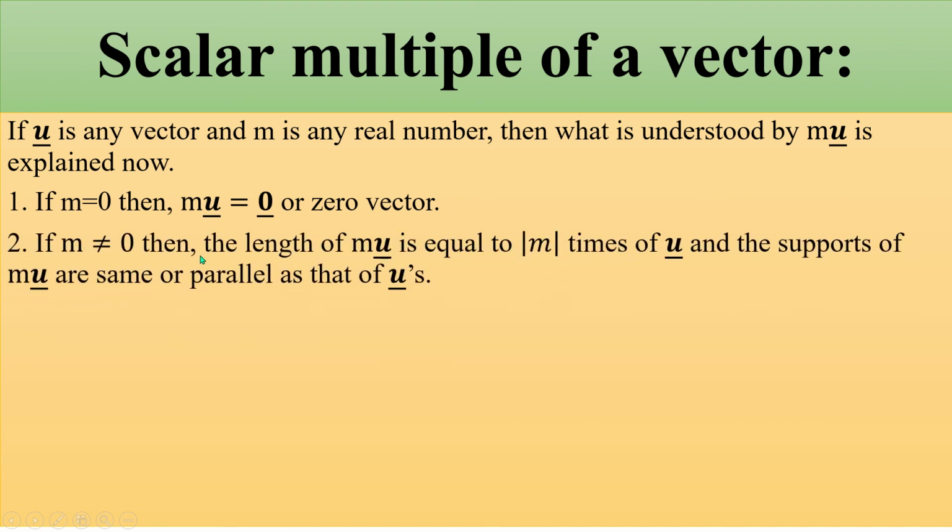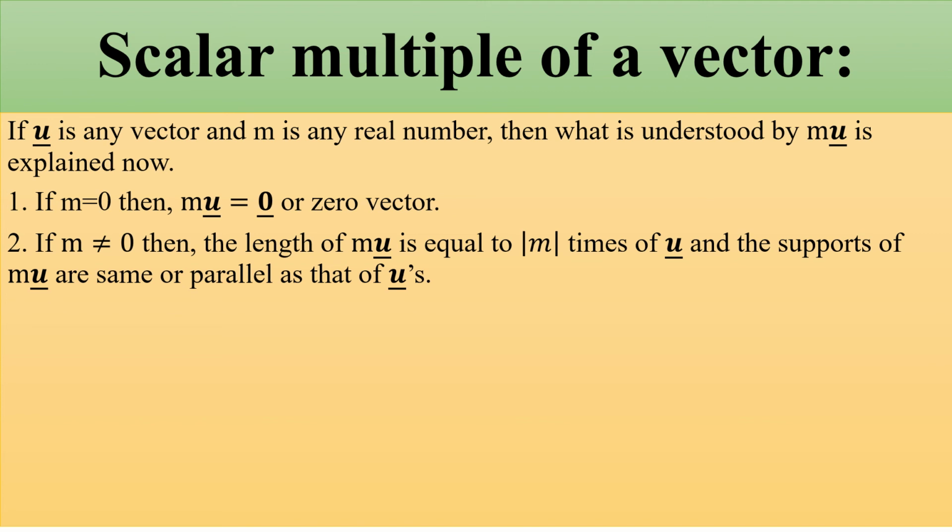If M is not equal to 0, then the length of MU is equal to the absolute value of M times the length of U vector, and the support lines of MU vector are the same or parallel to that of U vector. When we multiply any scalar quantity with a vector, then this vector and the given vector have support lines that are the same or parallel.